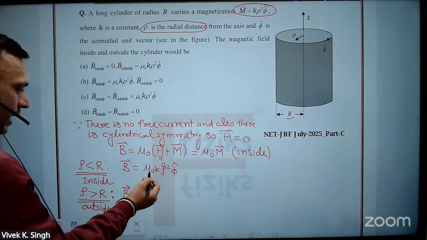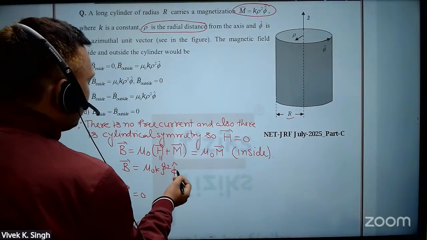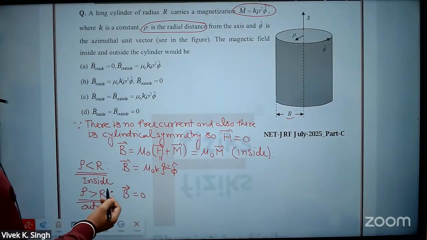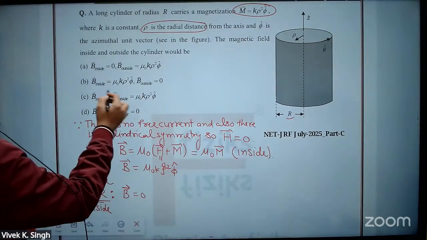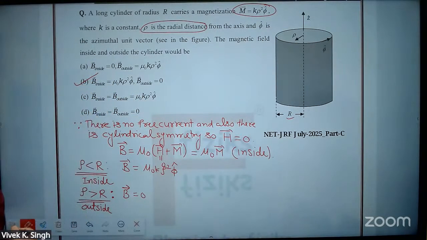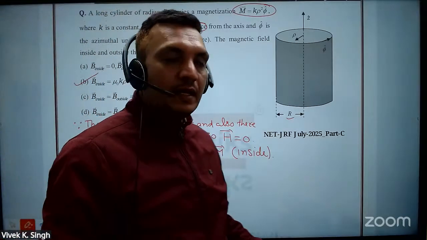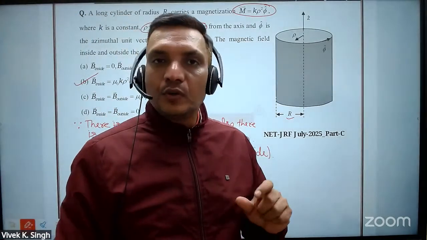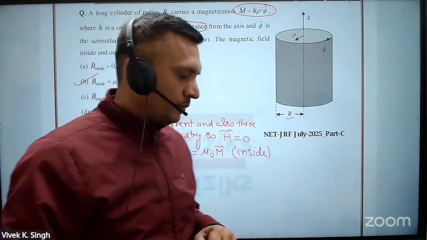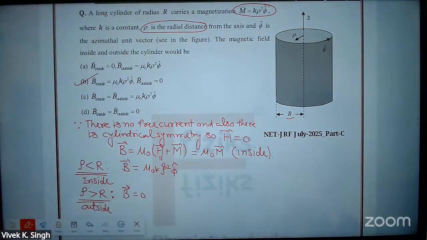Inside you will get mu naught K rho square, outside it is 0. So which one is correct? I think option B is correct. Inside mu naught M, outside it is 0. So if you use that concept, you can directly solve this question. Note it down.